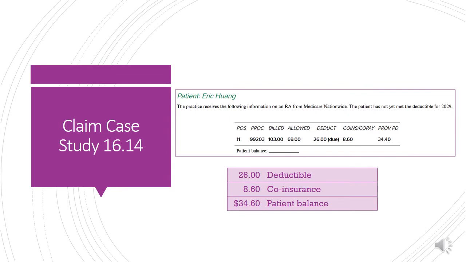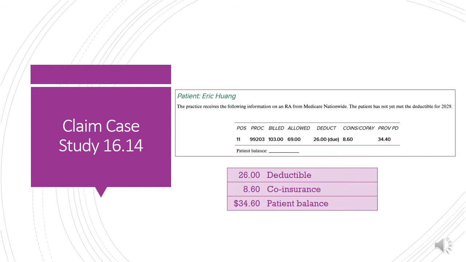Claim case study 16.14. The practice receives the following information on an RA from Medicare nationwide. The patient has not yet met the deductible for the year. The allowed amount is $69. There is $26 due for his annual deductible. We know the patient needs to pay this first. Then there's a coinsurance of $8.60.